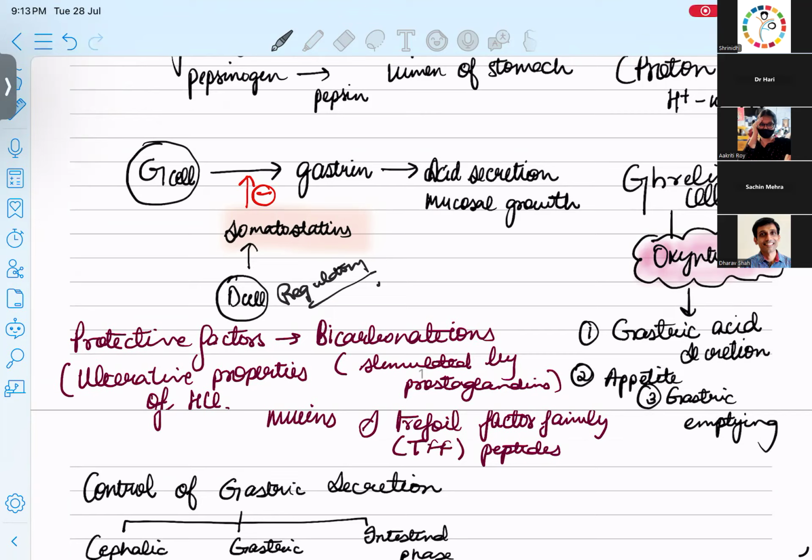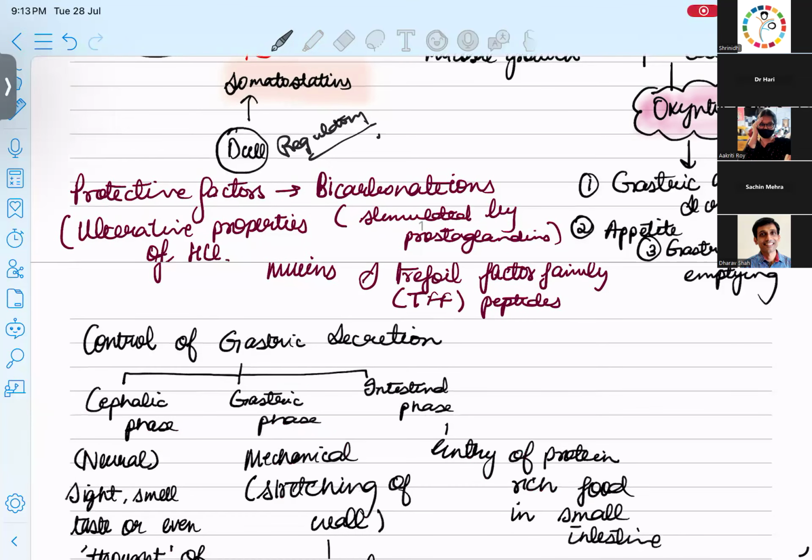The ghrelin cells are orexigenic cells which regulate gastric acid secretion, our appetite, satiety and everything, and also gastric emptying.